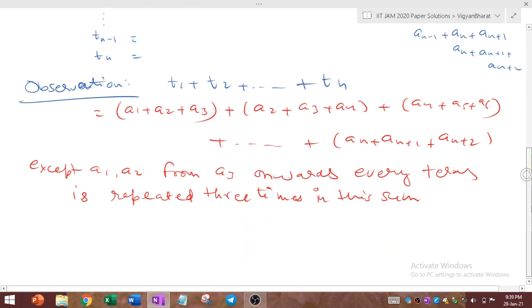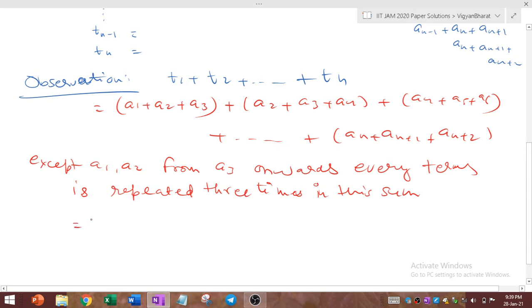If we calculate this sum, we are going to observe that A1 is only once.